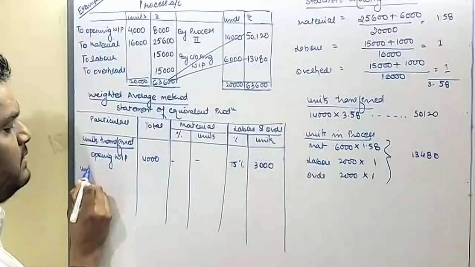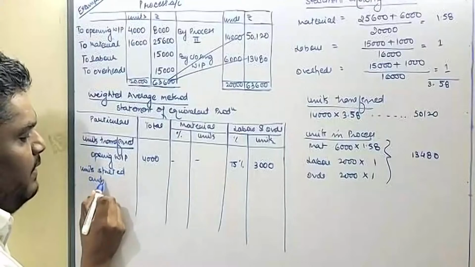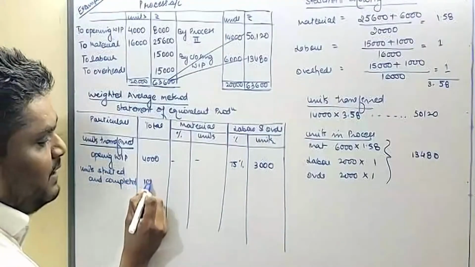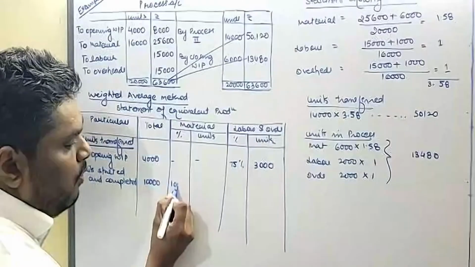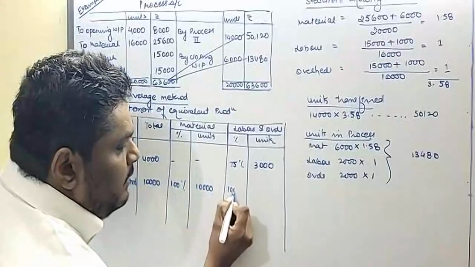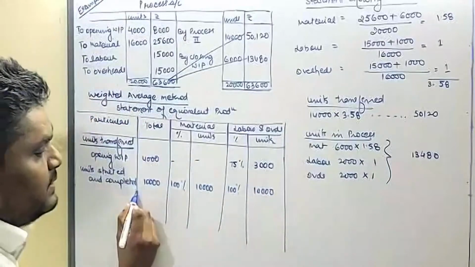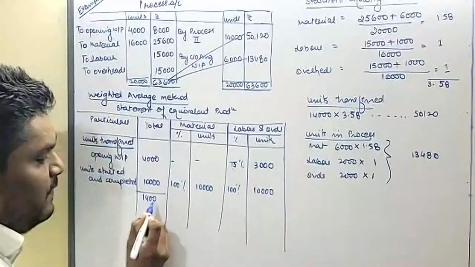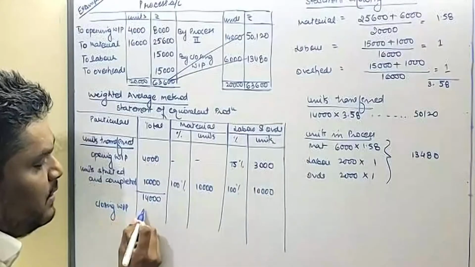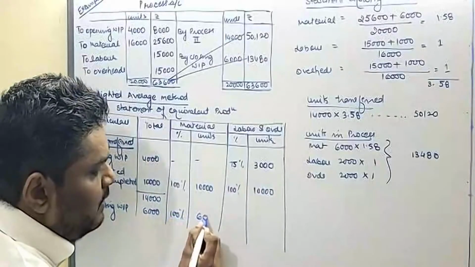Thereafter, units started and completed, that is 10,000 units. So 100%, 10,000, 100%, 10,000. This is all about units that are transferred. And when talking about closing work in progress, there were 6,000 units. They were 100% processed during this month.